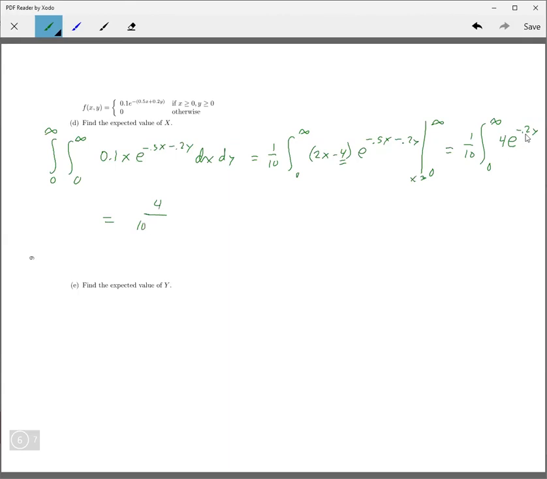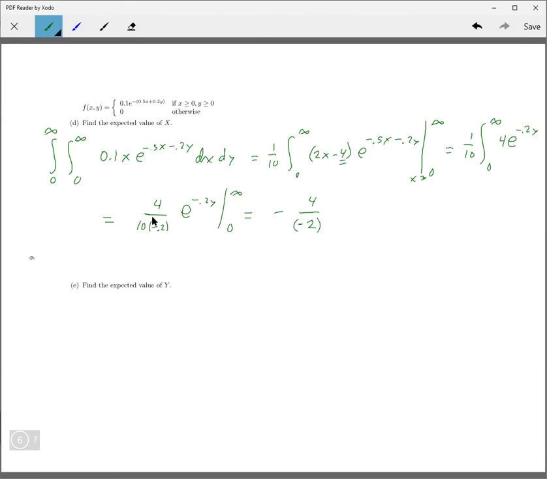If you integrate this, you get another negative 0.2 coming out right there. And 10 times 0.2 is just 2. And that's the lower limit.